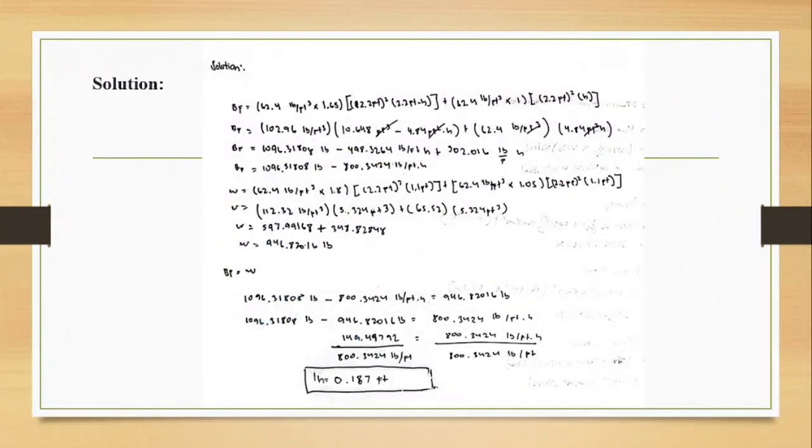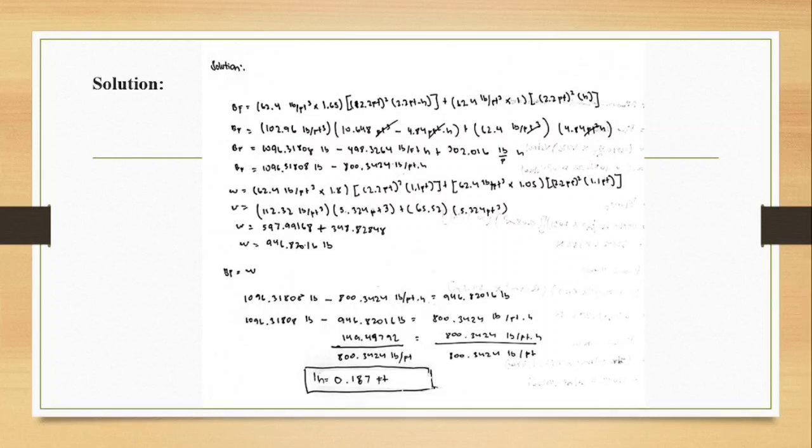So this is our solution, guys. Buoyancy equals 62.4 pounds per cubic foot times 1.65.